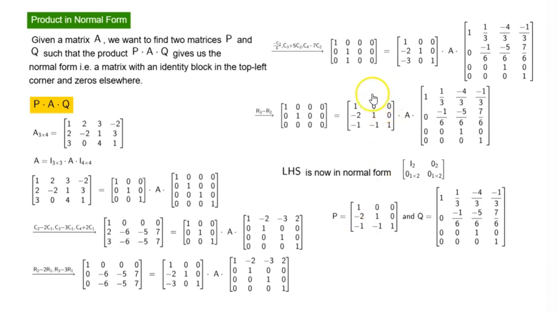So that means P we have found, Q we have found, so that when we take the product PAQ, we get the normal form. But let's verify it and see whether it actually works out like that.